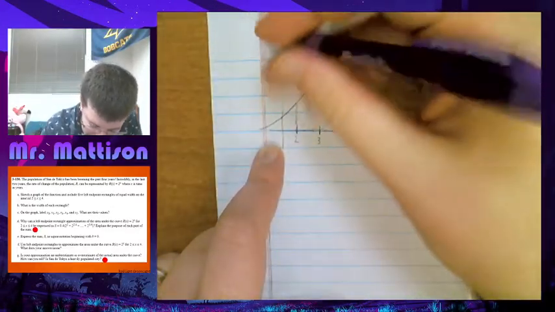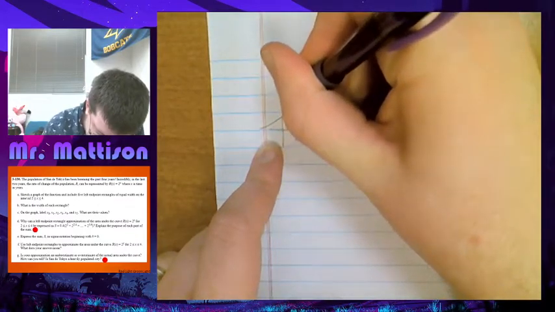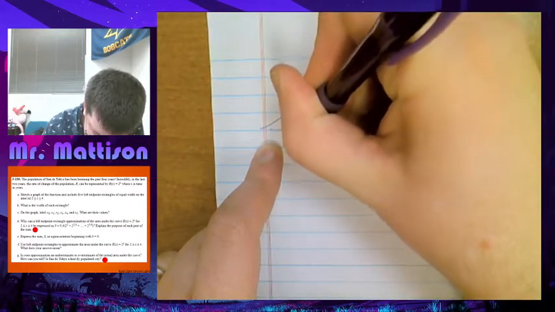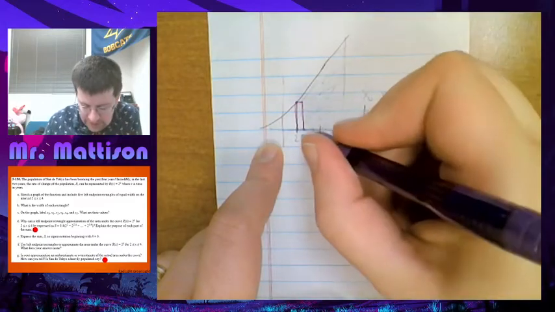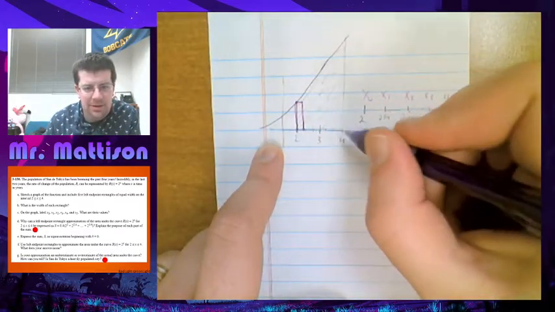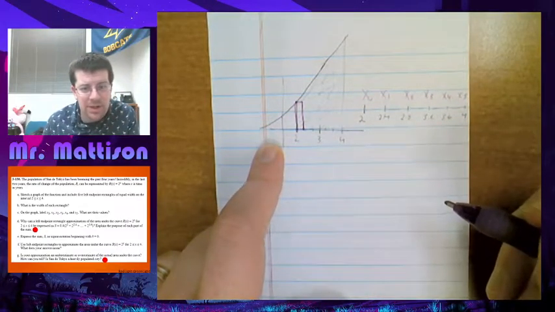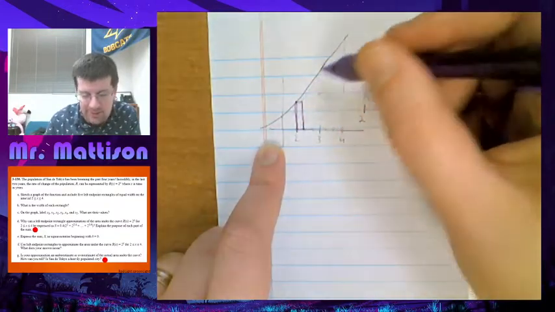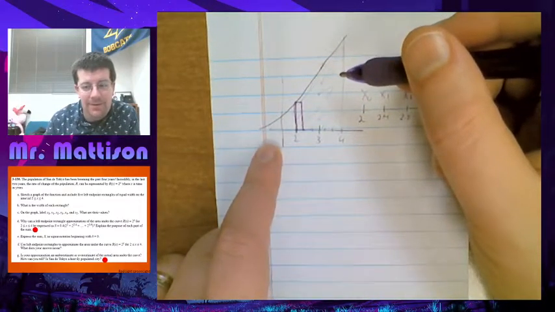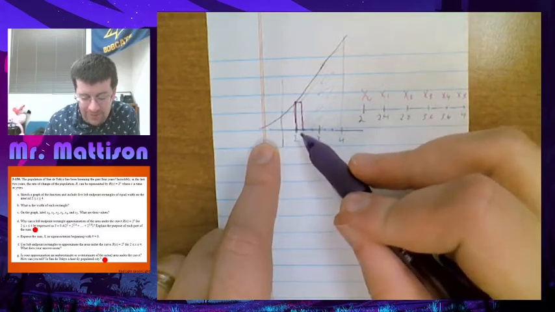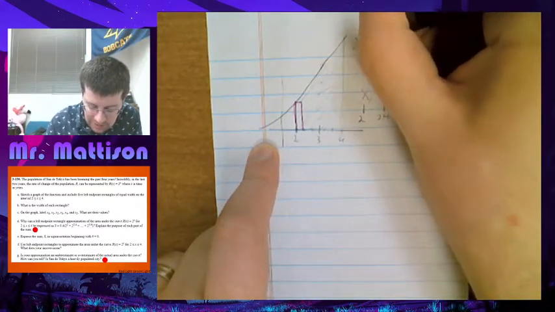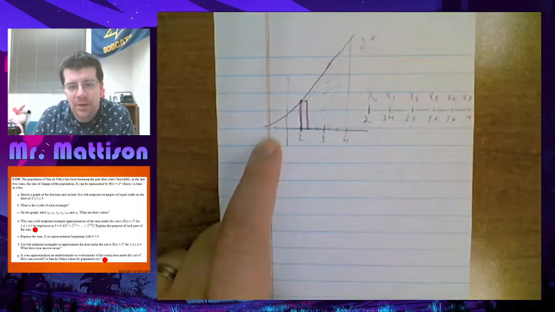If I look at this rectangle here that I will eventually be using, its width is that 0.4, and that's consistent for every single rectangle. But the height is what's going to be changing, and I find the height by plugging the x value into 2 raised to the x power.